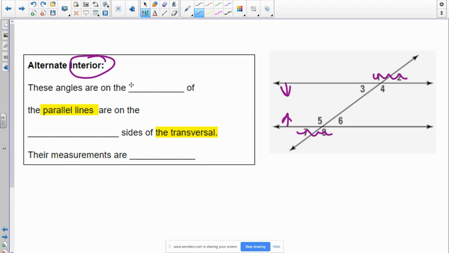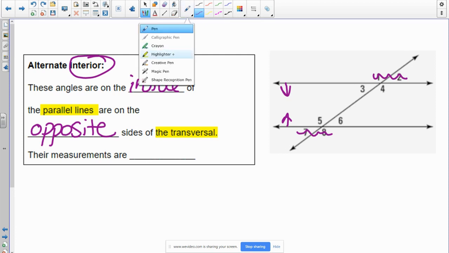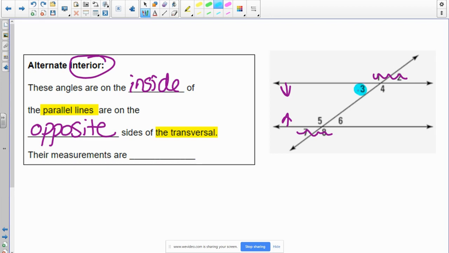So these lines are on the inside of the, and you need to cross that out and make it parallel lines. So take transversal out, put parallel lines, and are on the opposite side of, and take the words one another and put in the transversal. So we're going to talk about 3 here.